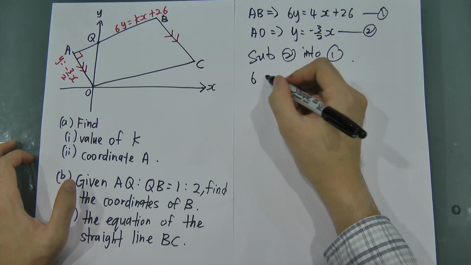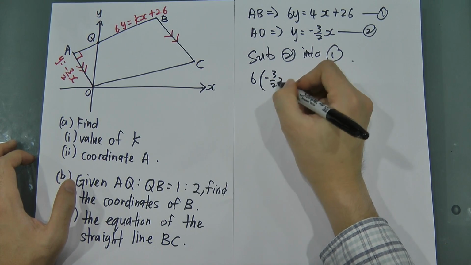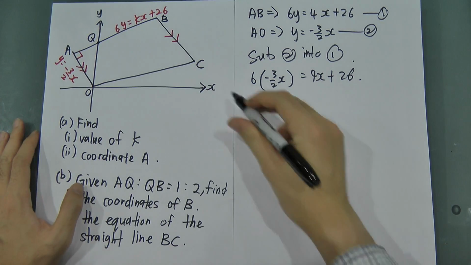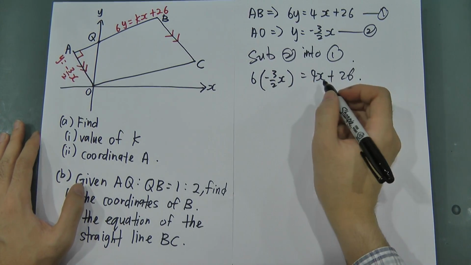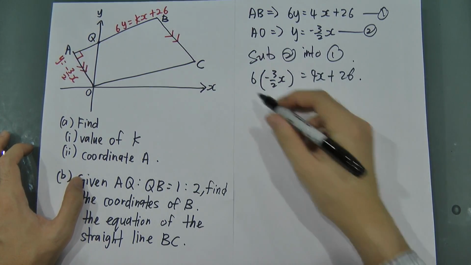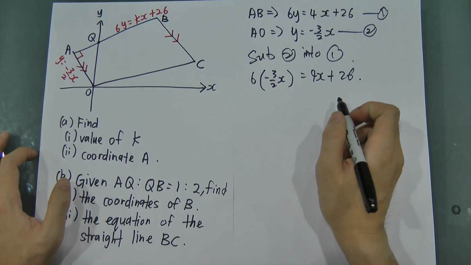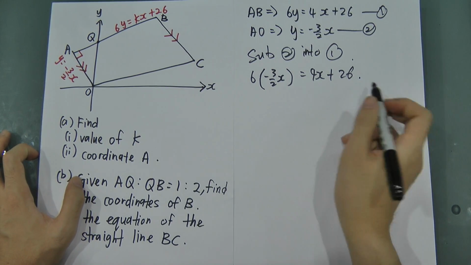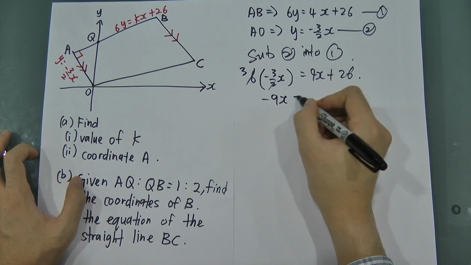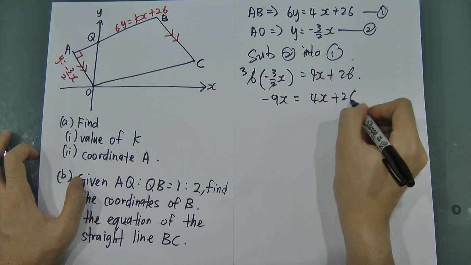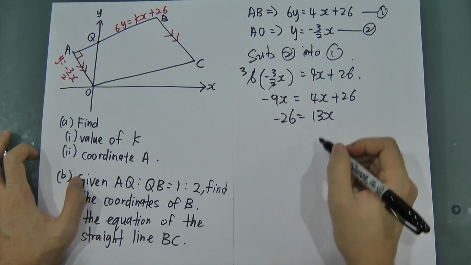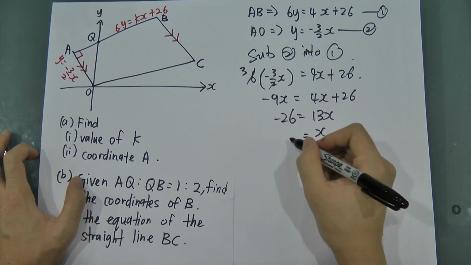So 6y becomes 6 times negative 3 over 2 x, which equals 4x plus 26. After I solve this equation, I can get the x value for the intersection point, which is A. Simplifying, I get negative 9x equals 4x plus 26. So 13x equals negative 26, and x equals negative 2.